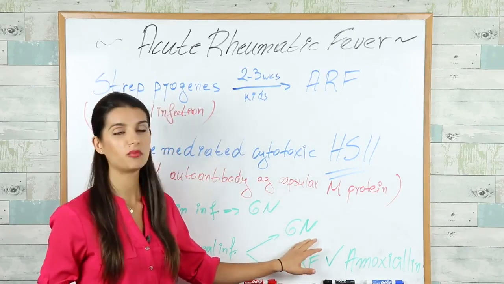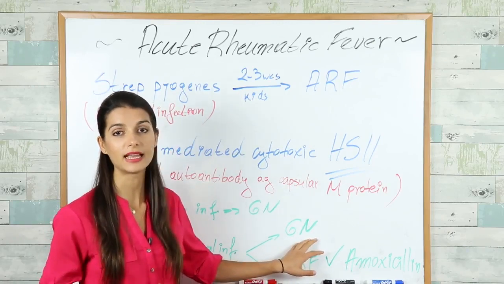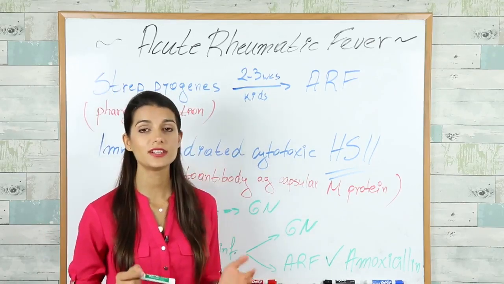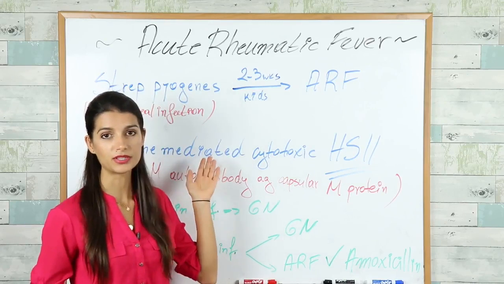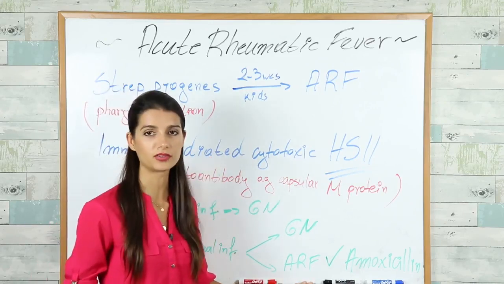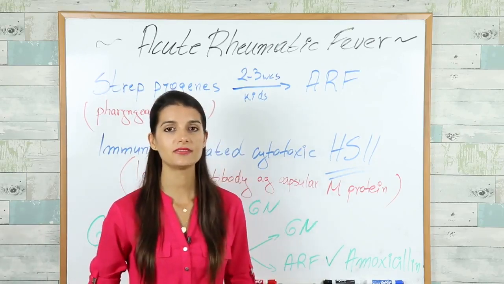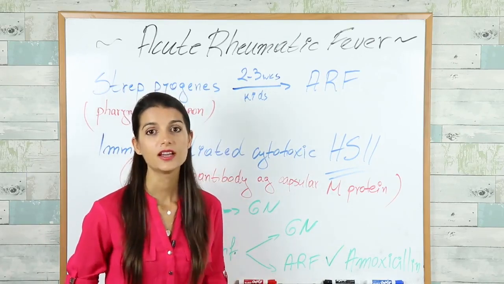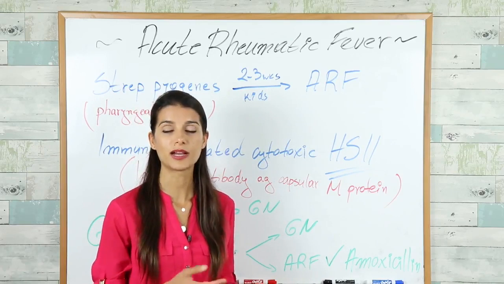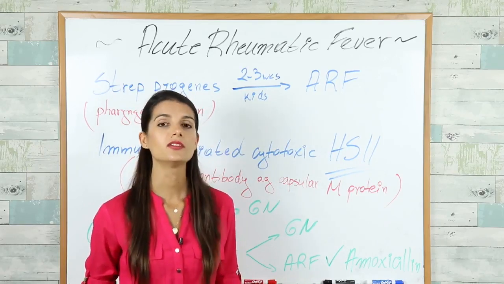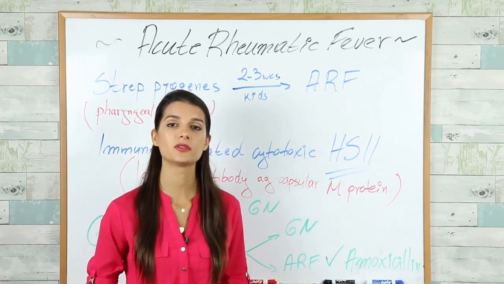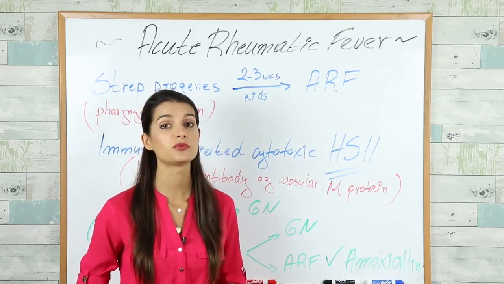But on the other hand, glomerulonephritis cannot be prevented with anything. The early side effects of pharyngeal infection with strep pyogenes are, as we said, acute rheumatic fever, but also death from myocarditis. And the late side effects are rheumatic heart disease, which presents most commonly with mitral regurg or mitral stenosis, followed by aortic regurg and aortic stenosis, and lastly it can also affect the tricuspid valve.